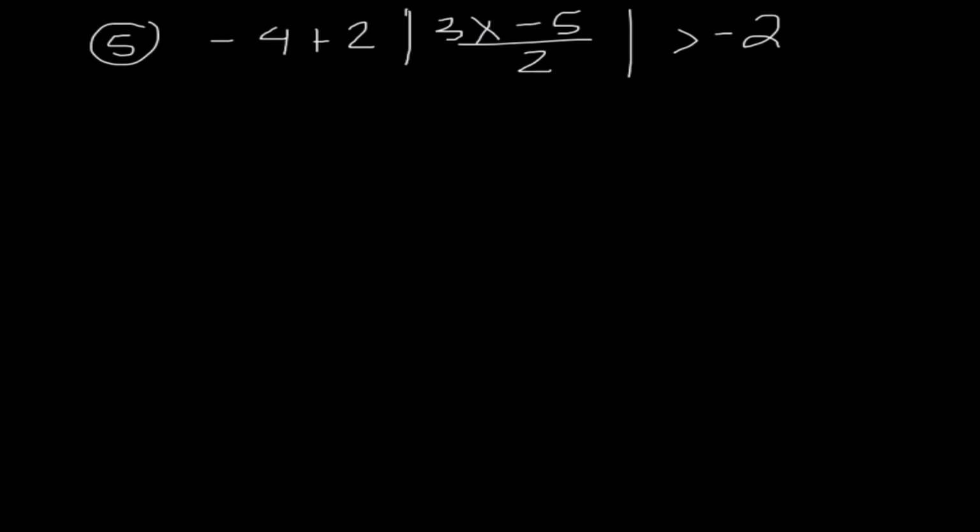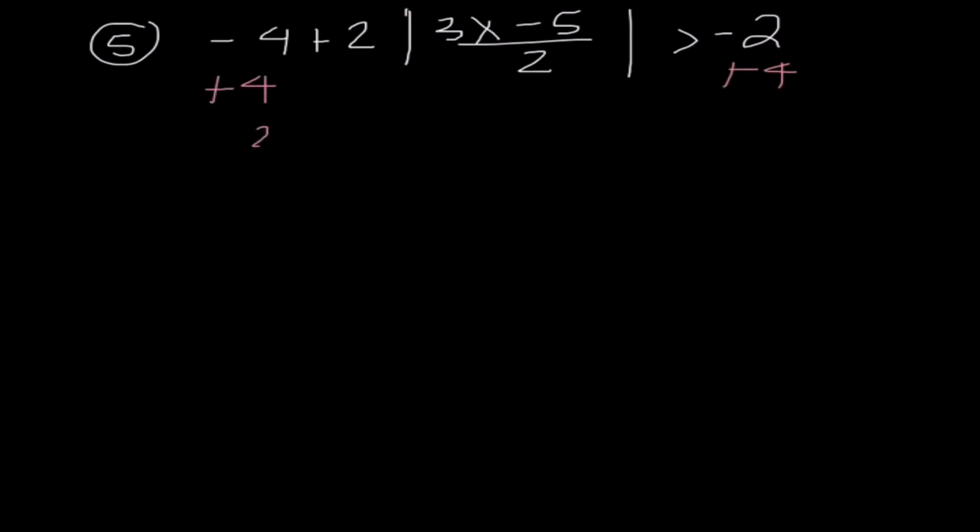Some of you might also be thinking, oh, well, the answer is going to be all real numbers because it's greater than negative 2. But the issue is the absolute value is not isolated yet. So before we determine our solution set, we need to get that absolute value by itself. So I'm going to start by adding 4 to both sides.